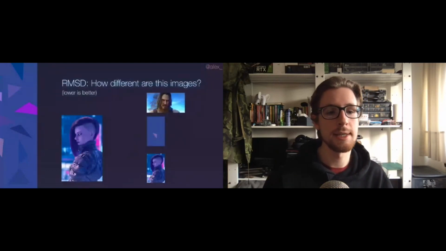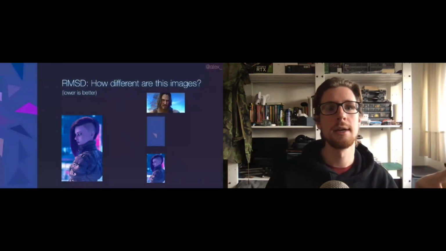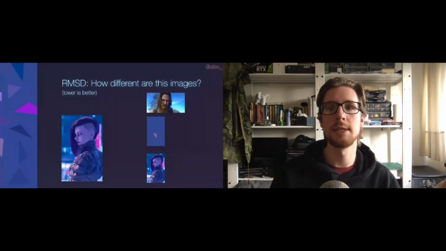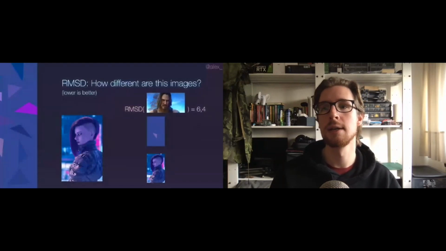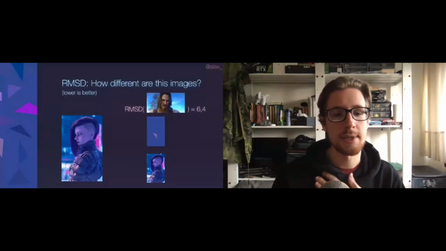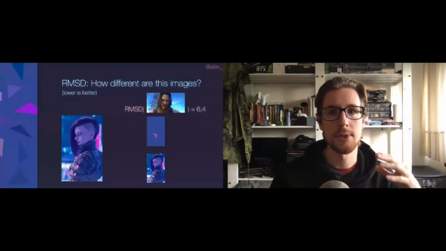So we're calculating the root mean square deviation from our target image on the left here for our example images on the right. And as we can see, the first image of Keanu Reeves is a completely different image. So it's going to deviate a lot from the target image. It's going to get a score of 6. Higher is worse, lower is better. So the first example is clearly a different image, so bad deviation.